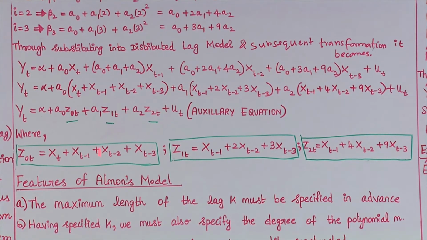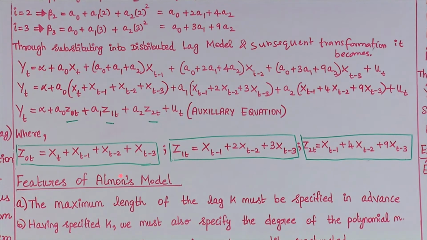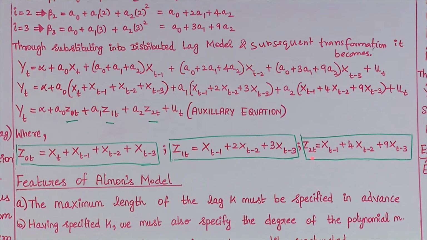So what you have to do is compute the z variables. z0t is computed as a simple summation of xt, xt minus 1, xt minus 2 plus xt minus 3, and z1t is a weighted sum of the variables xt minus 1, xt minus 2 and xt minus 3, and another weighted summation of xt minus 1, xt minus 2 and xt minus 3 is found for z2t.